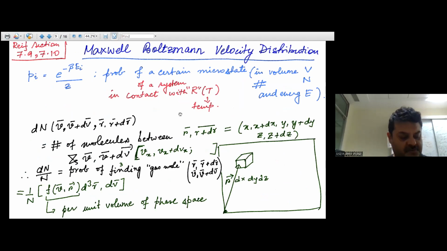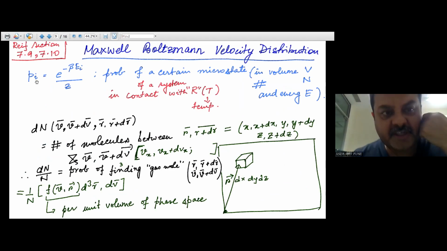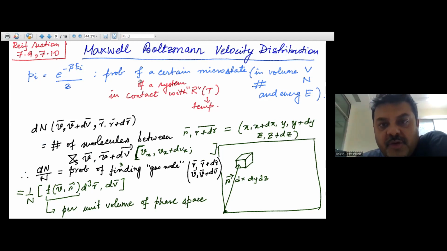So just to start off, what do we plan to do? All that I've written down is the probability of a certain microstate, right? For a canonical ensemble, that is a system with volume V, number of particles N, and energy Ei.